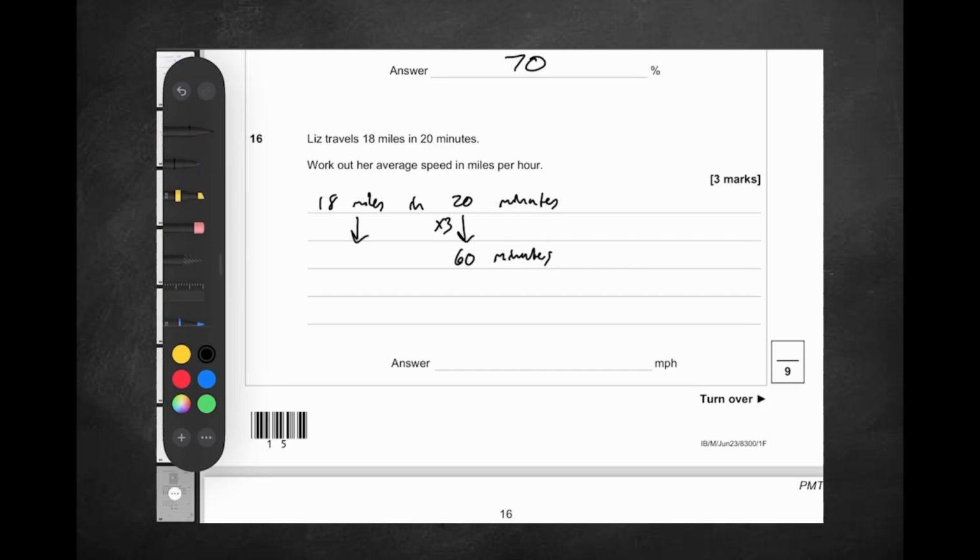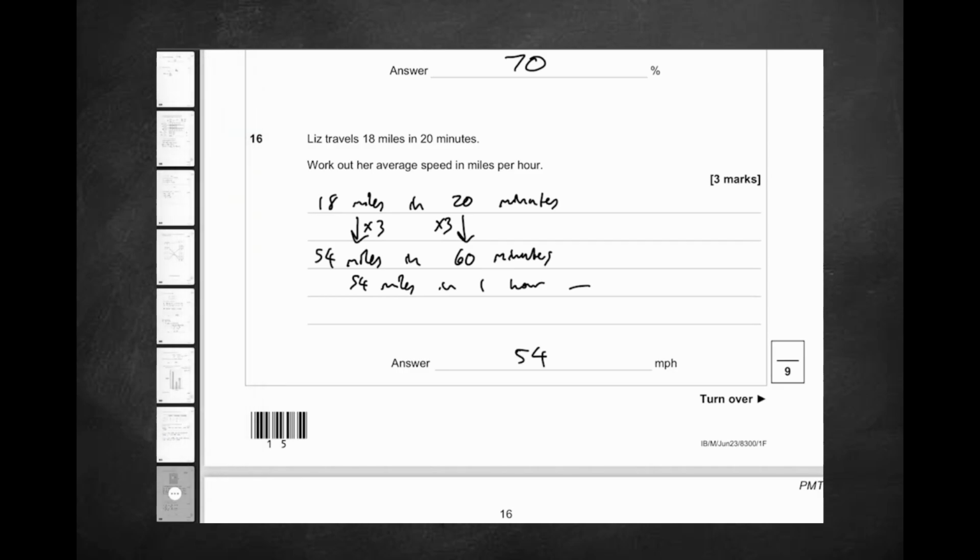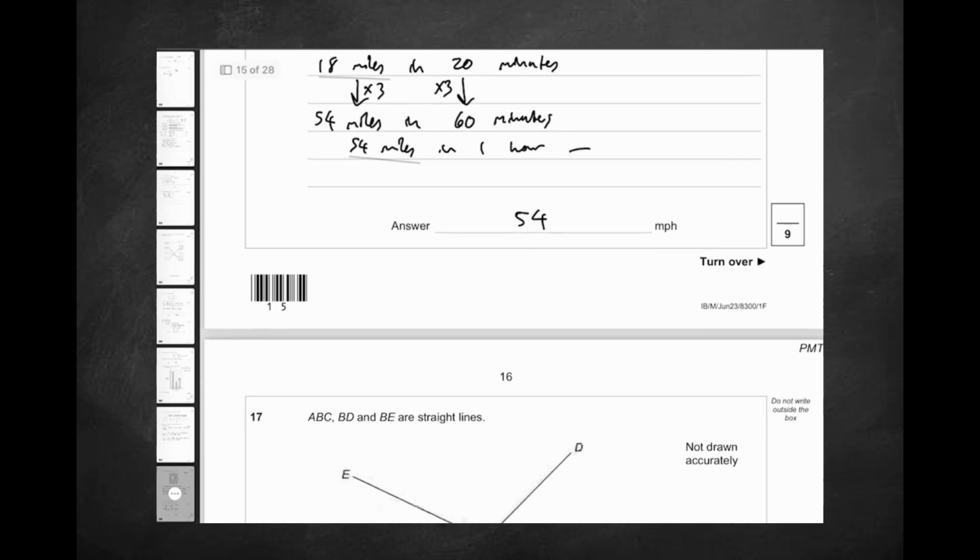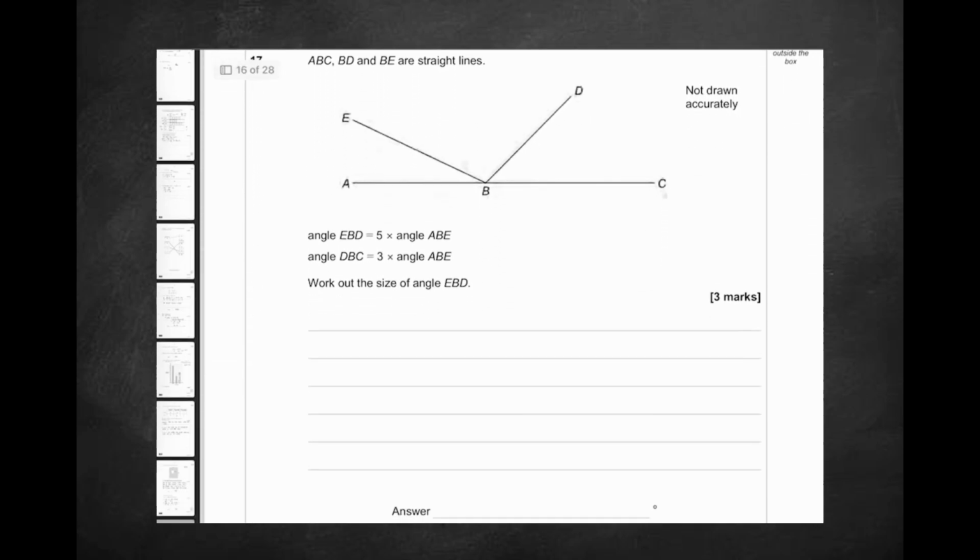Therefore, if we multiply the number of miles by 3, we can say that she will do 54 miles in 60 minutes, or 54 miles in 1 hour, which would simply be 54 miles per hour, as in 1 hour she does 54 miles. So that is our answer.